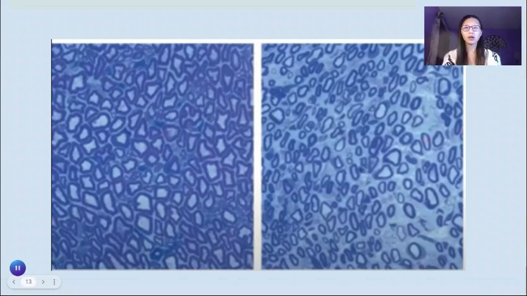As shown in this histology of a myelin cell, these myelin cells are thicker, while the one on the right is demyelinating, which is thinner compared to the one on the left.